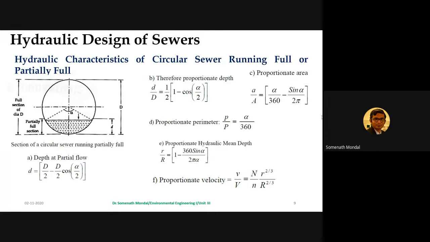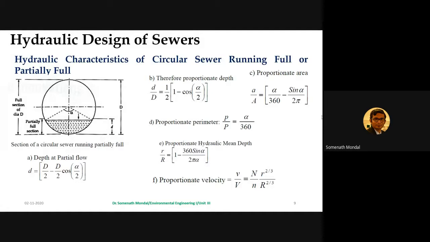Fine. So anyway, when the circular pipe is running full, if you need to calculate the hydraulic mean depth, that is the small r, that is basically equal to A by P, which we have mentioned before. So you can directly get the value capital D by 4.